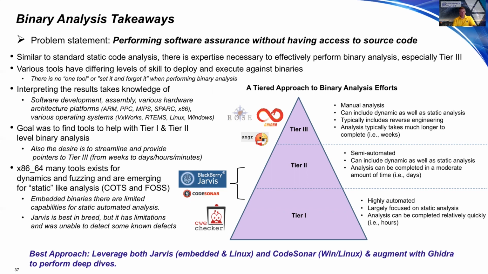If you're teetering between Windows and Linux as well, then you might want to add something like CodeSonar, and then have something like Ghidra on hand to do some deep dives. That's the summary of the results of this research, because we found a lot of good results on various tools, but on the embedded side, Jarvis did stand out to us.